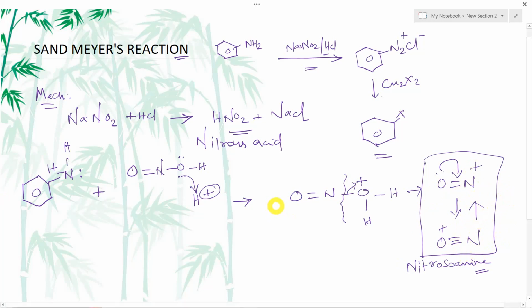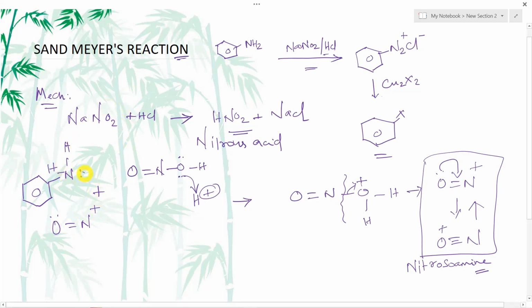So this nitrosonium reacts with this aniline. Let me write here. This reacts with O double bond N plus. What happens here?